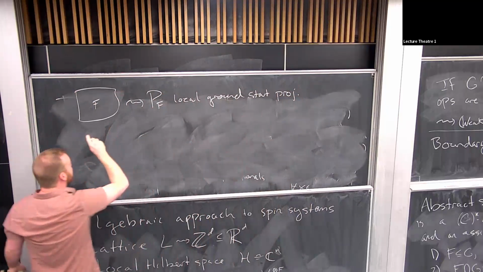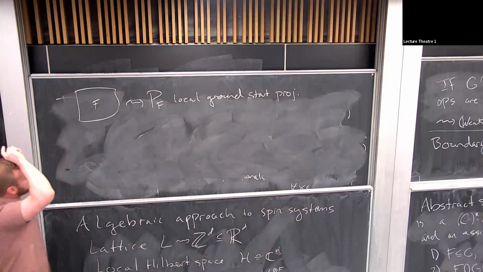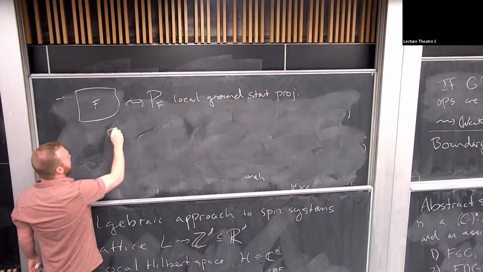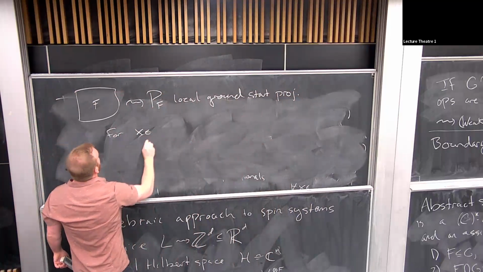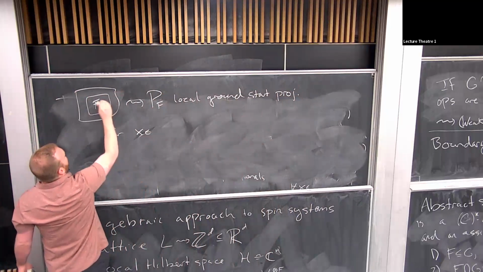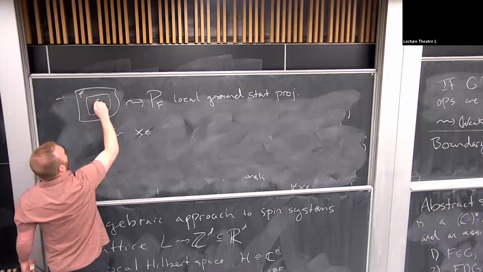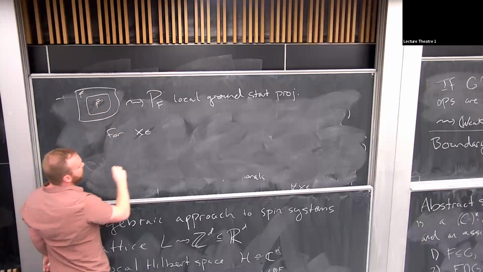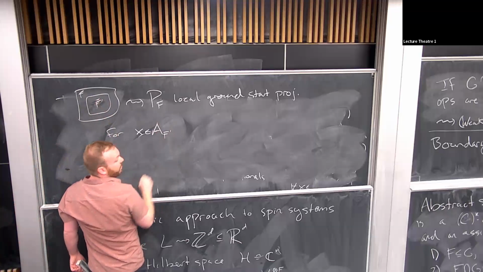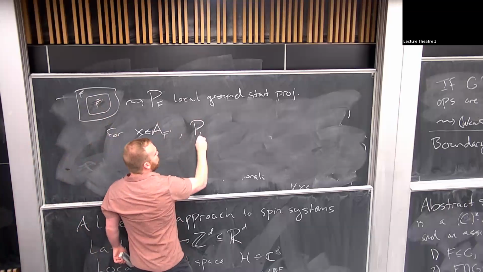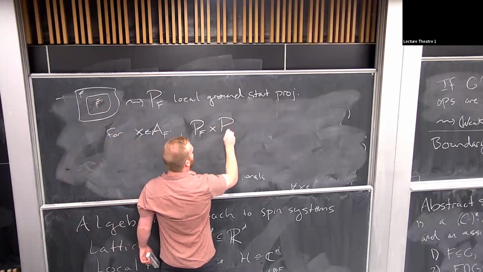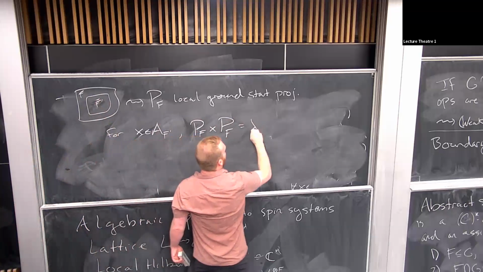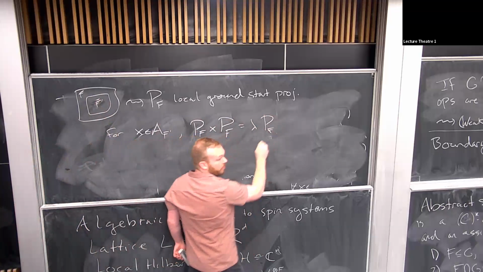And what we mean when we say these are error correcting against local errors is that for any operator x localized in F prime, which is in the interior of F, when I squish it between these ground state projections, I get some scalar times the ground state projection.